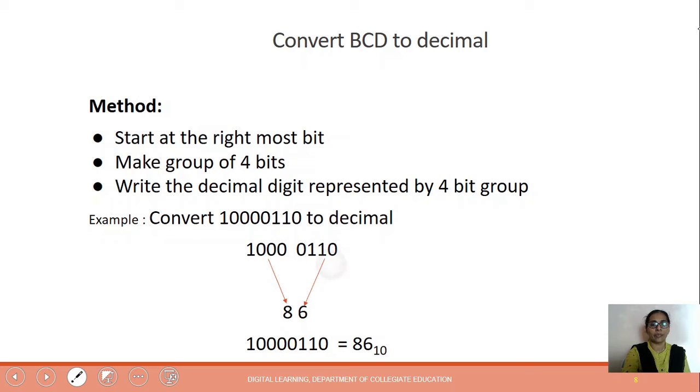Now you write the BCD equivalent of each 4-bit group. Here 0110 is equivalent to 6. Here 1000 in BCD is written as 8. Sorry, in decimal it is written as 8. So 86 is the decimal equivalent of the given BCD number. The conversion is so simple. Make a group of 4 bits from the rightmost end, then write the decimal digit equivalent.